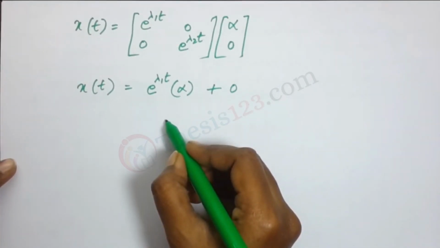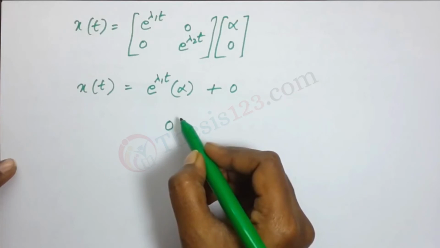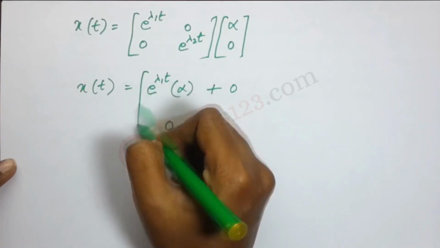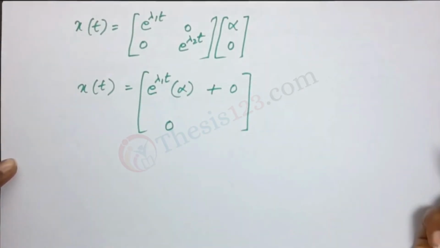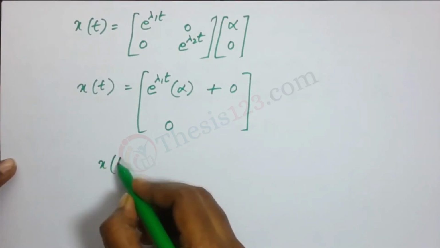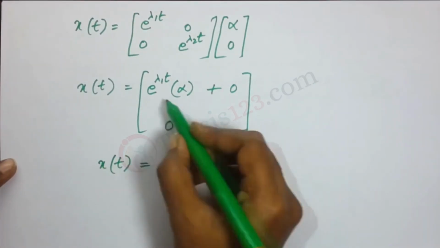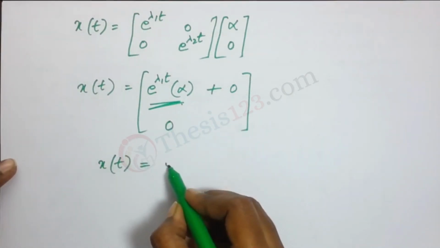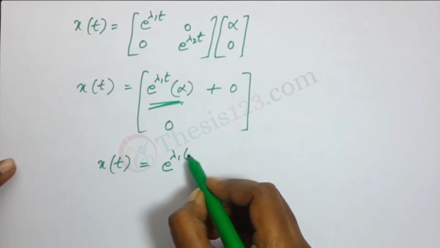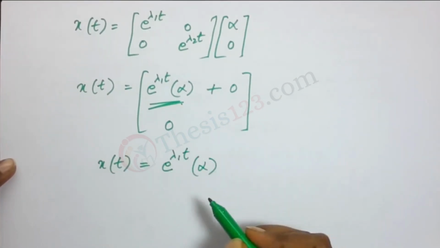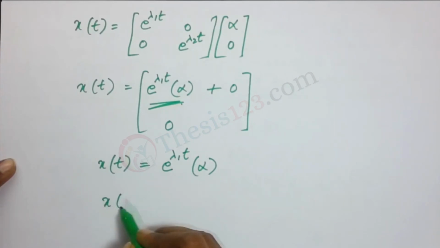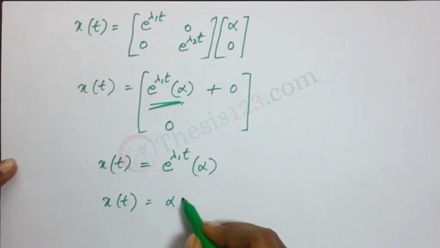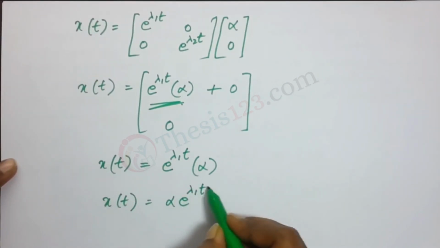And the second element would be 0. That's about it. If we were to write this as a single expression, then x of t is equal to only this element here, which is e power lambda 1t into alpha, finally written as alpha times e power lambda 1t.